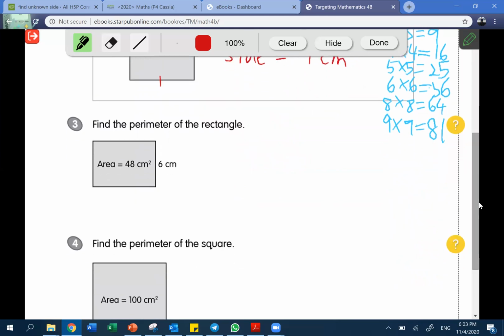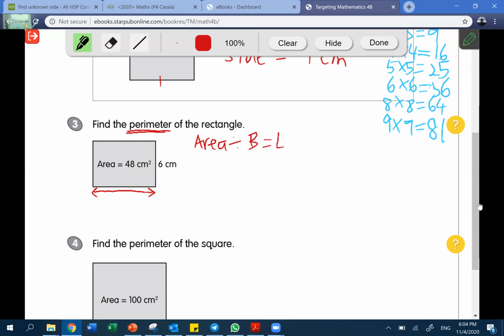Okay, let's move on to question 3. Okay, this one we are finding the perimeter of the rectangle. Now we have this breadth here. In order to find the perimeter, first we need to find the length. So what is this length? First, we need to divide the area by the given side. So for this one, we're going to take area divided by the given breadth.